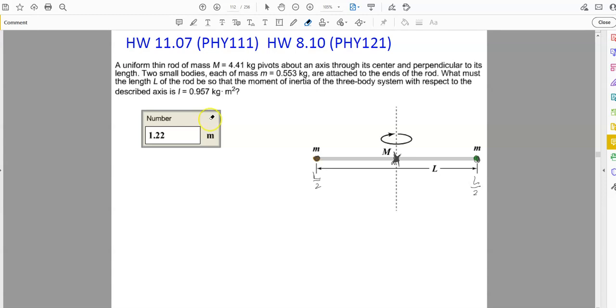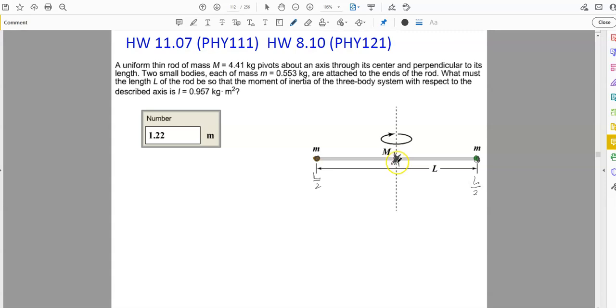All right. So we've got this object, and here's the next problem. We have a uniform thin rod of mass M, which is 4.41 kilograms. It's going to be pivoting about its center through an axis, and the total length of the rod is L. And it says you have two small bodies of small m, one on each end.